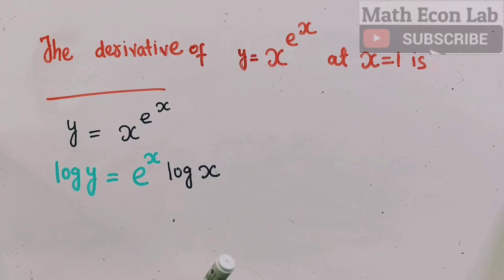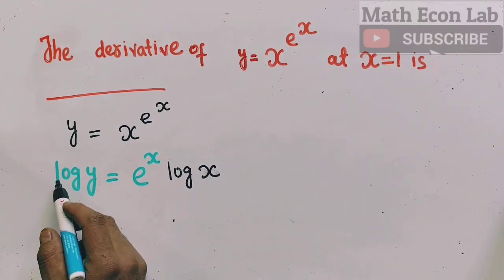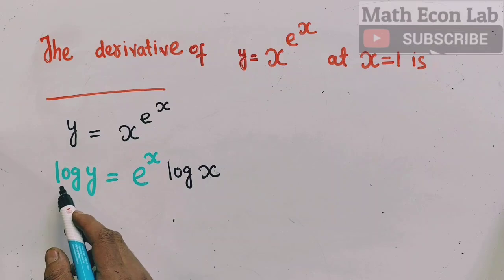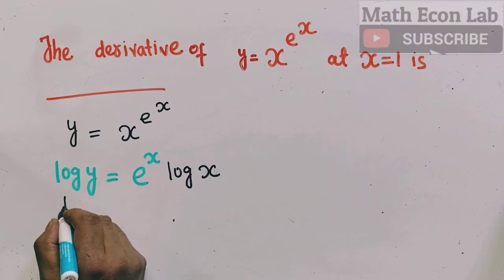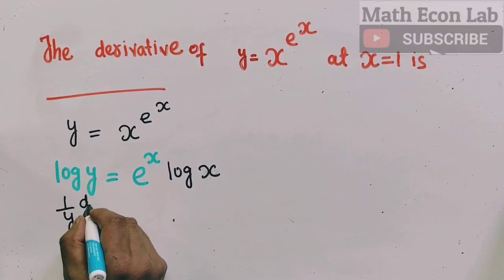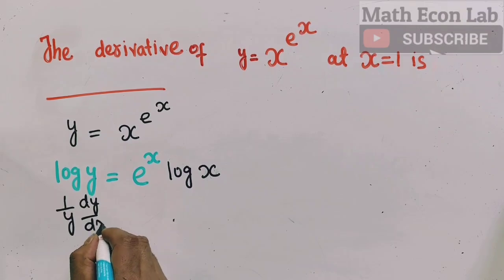So now let us differentiate it. The derivative of log of y, we know, is 1 upon y dy upon dx.